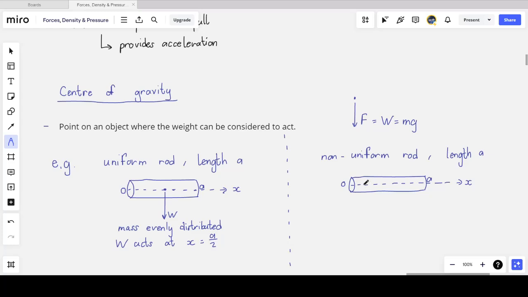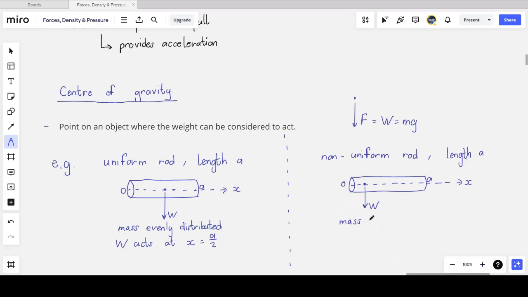But now let's assume that the center of gravity, rather, is somewhere towards the left end of the rod, meaning the left end of the rod is much heavier, and the right-hand side after this point is much lighter. So the center of mass, if I were to balance it on my finger, would balance at this point where W is acting.